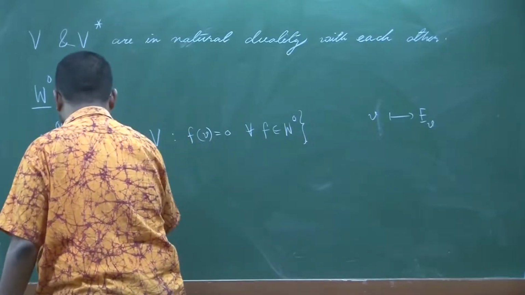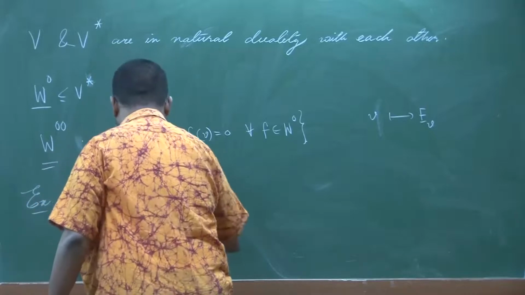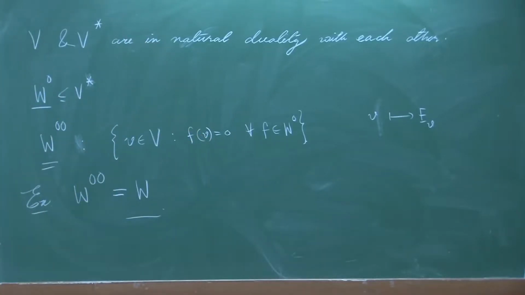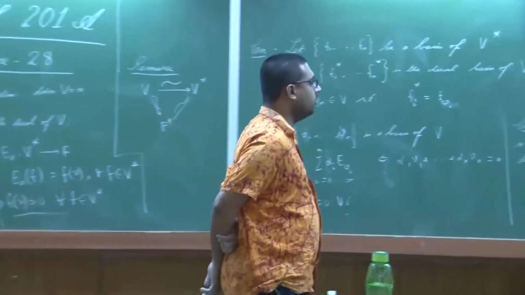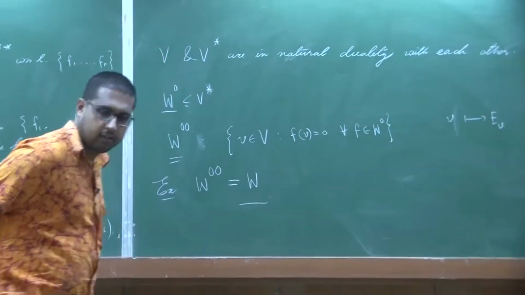So, W double naught, in view of this identification, is equal to W itself. With that I will finish. Thank you.